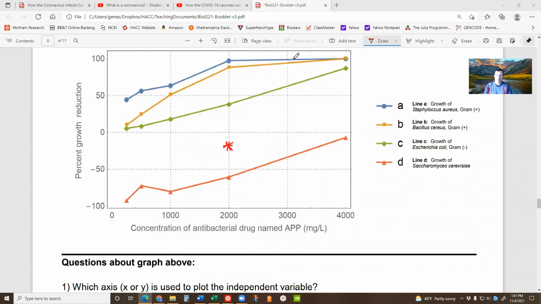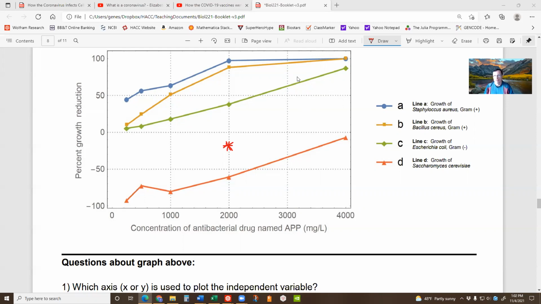We would need to get to an absolute horizontal position to show no change in the growth. So that doesn't really get horizontal at all. Probably at most approximates horizontal up there when it merges with the blue line. So Falashadi, I meant 4,000 for both Staphylococcus aureus and Bacillus cereus. Are you okay with that, Falashadi? Okay, I see your response.